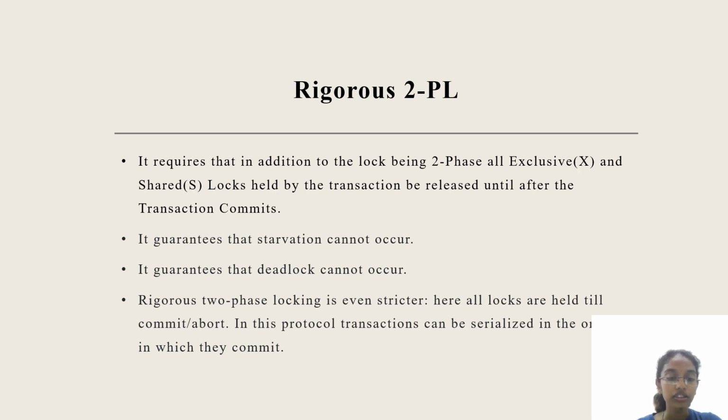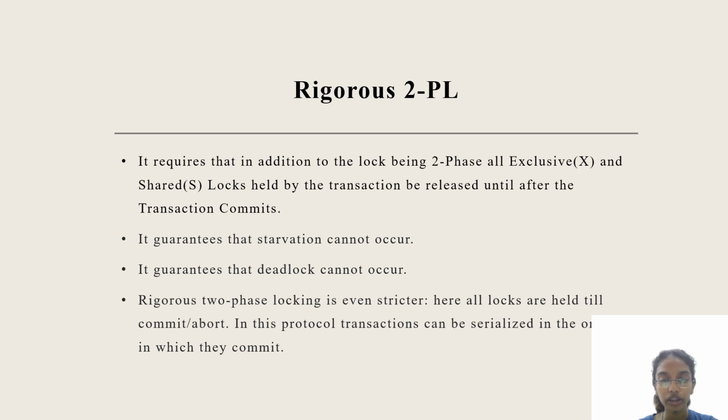And also it guarantees that deadlocks cannot occur. This means that two or more transactions cannot be mutually blocked, waiting for each other to release locks. To achieve this guarantee, Rigorous 2PL enforces the following rules.